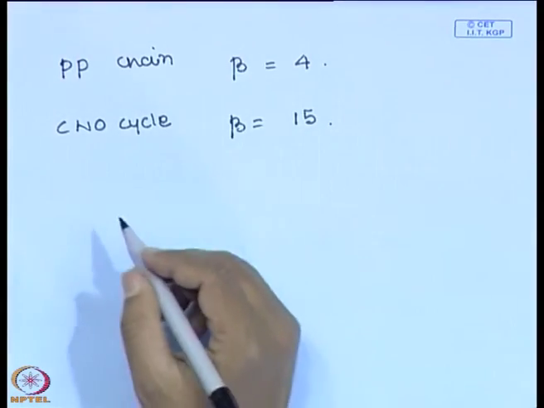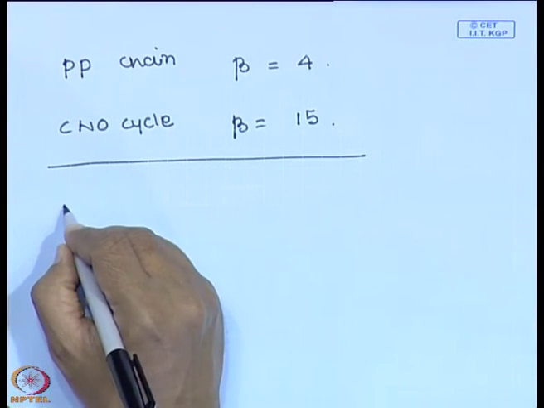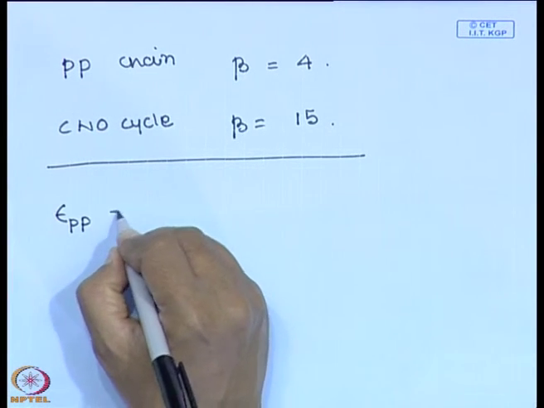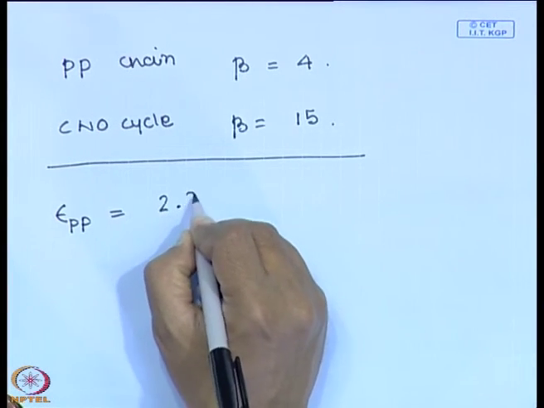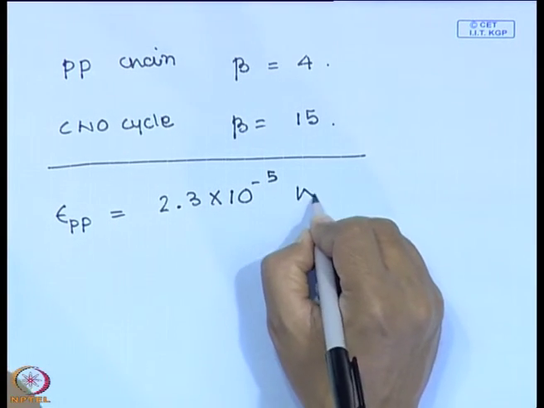For the sun, the rate at which energy is released has a value in watts per kg.